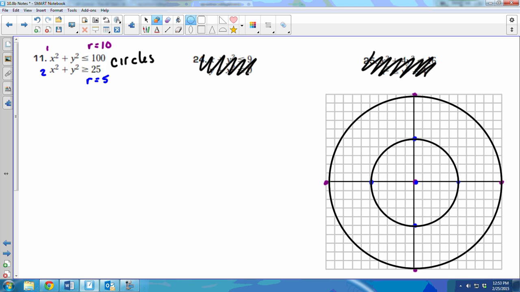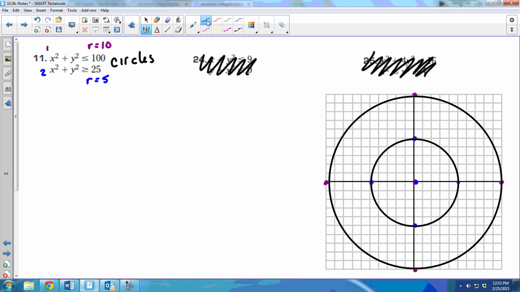All right. Now to the shading part. Again, when you're doing a system of inequalities, you only shade where the shading overlaps. I'm going to go ahead and do test points, and you might not need them here, but I'm going to do them just so you know how they work, and make sure you keep that thought process going on the rest of these. So I'm going to use 0, 0 because it's in the middle of both the circles.